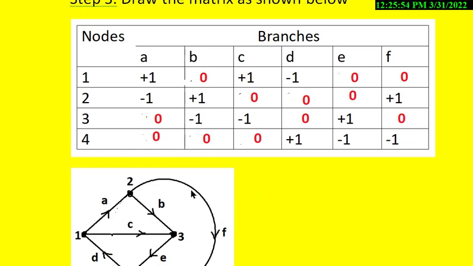Similarly, in F the current is going away from node 2, put plus 1 here.